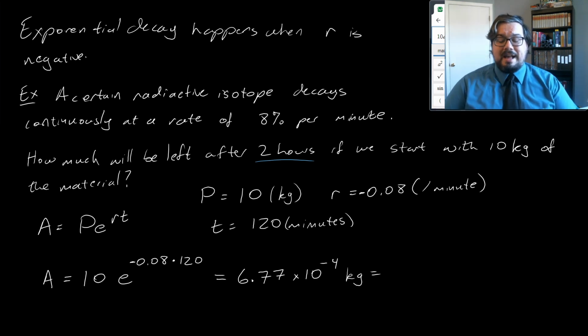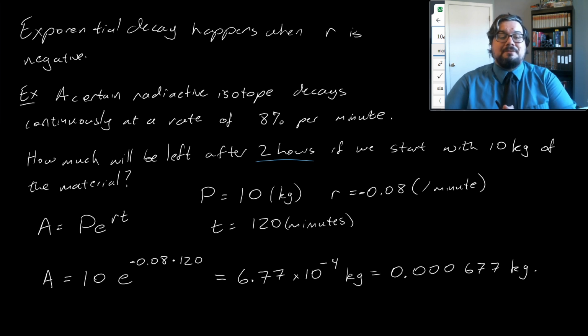So we can convert that into non-scientific notation by moving the decimal place 4 units to the left. That's 0.000677 kilograms. So a very, very small amount left.